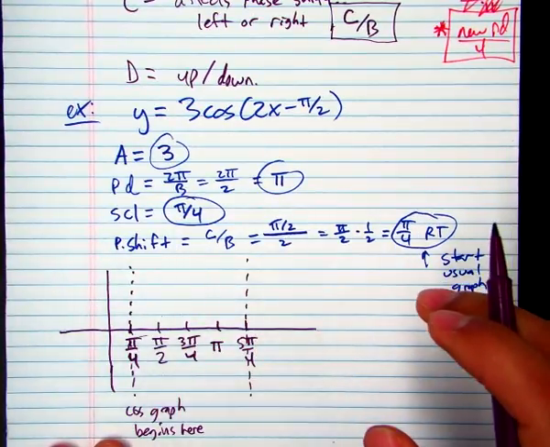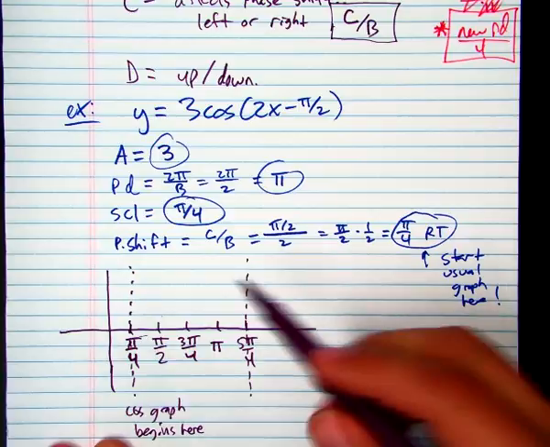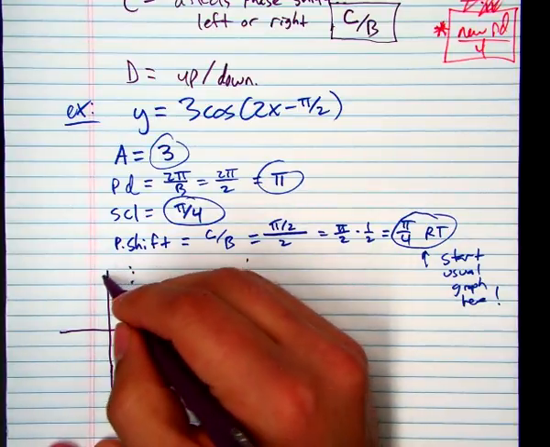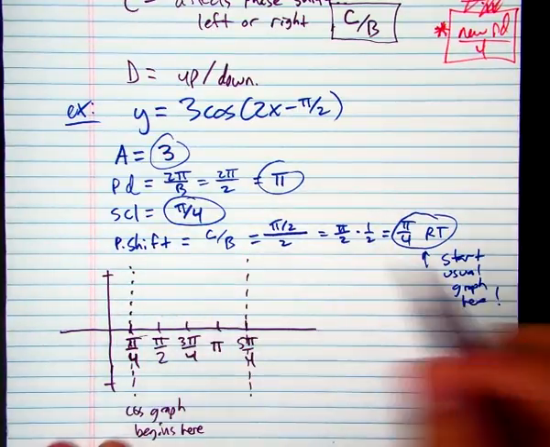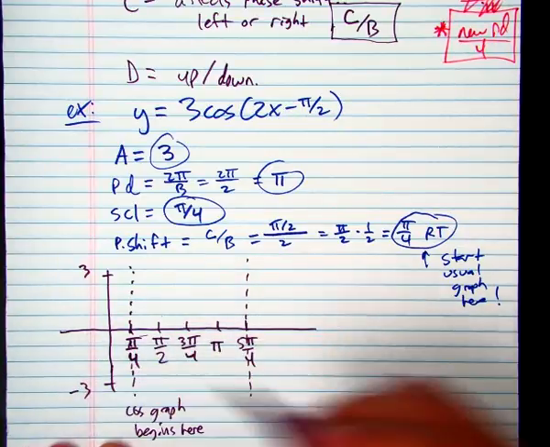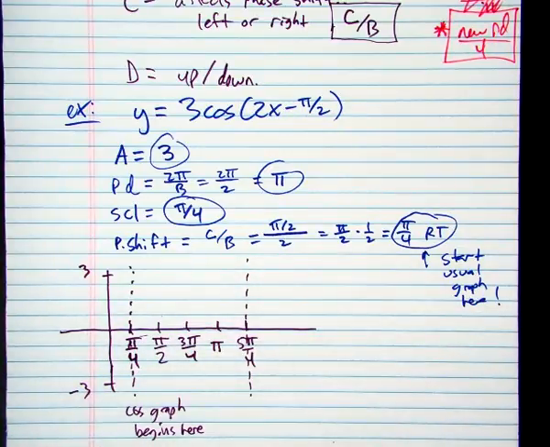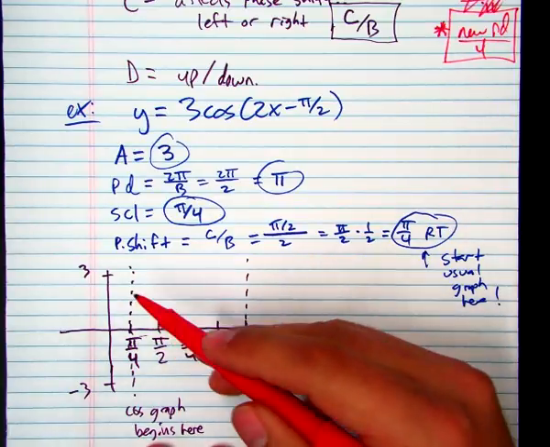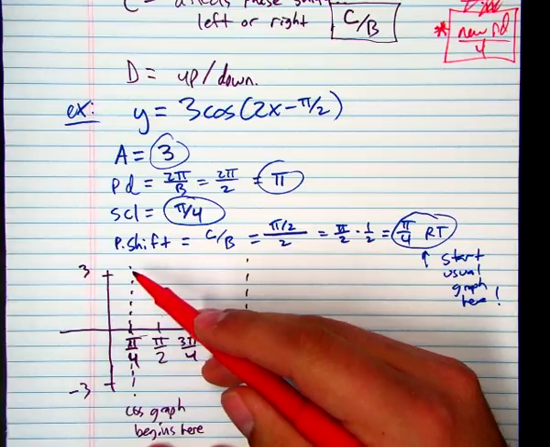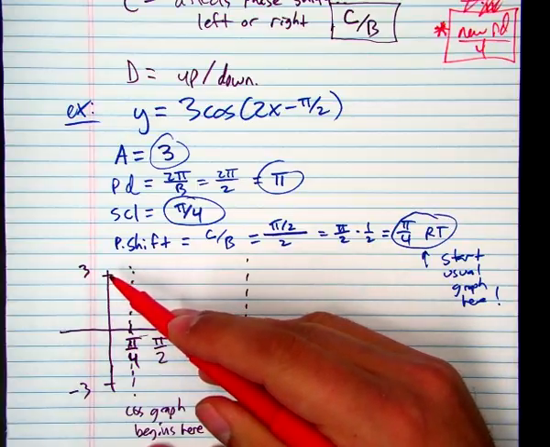Does that make sense? What are the y values that we need to write down here? 3, -3. And we are in good shape because now instead of starting here, everything's going to start at pi over 4.